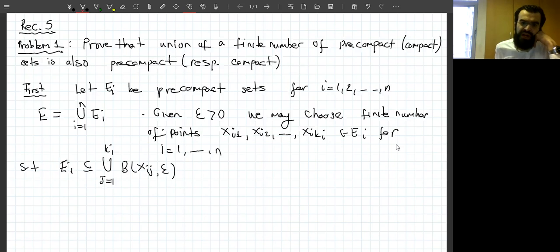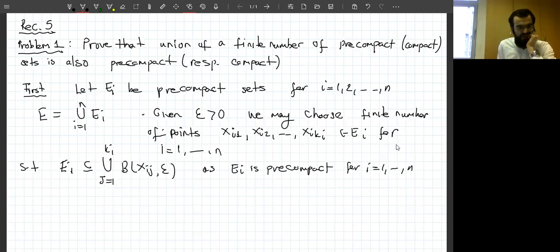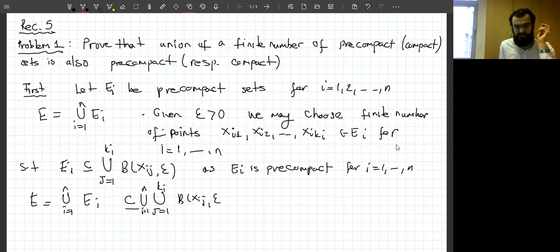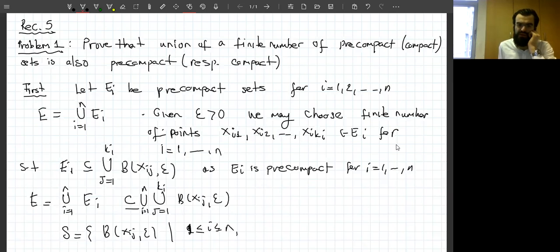Okay. As E_i is pre-compact, it's clear that E, as a union, is a subset of the balls around x_ij, i from 1 to n, j from 1 to k_i, for each i.